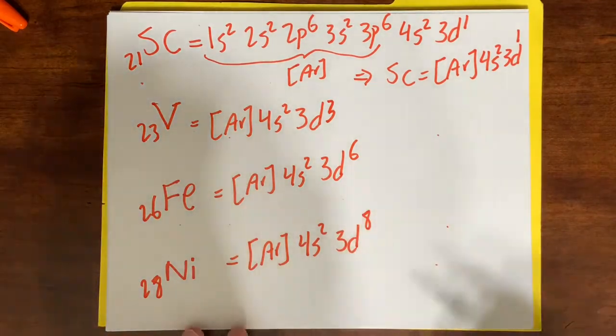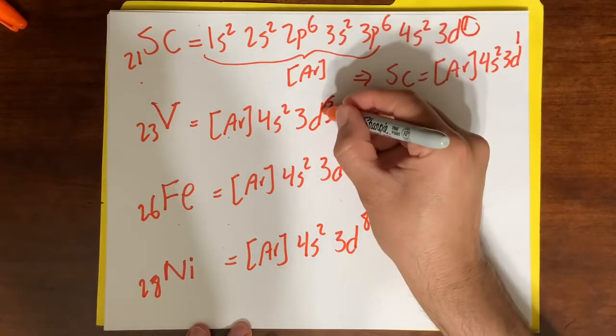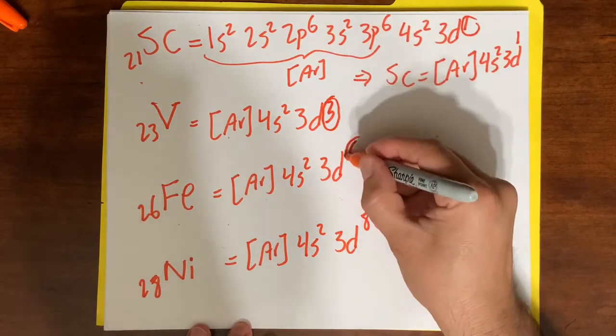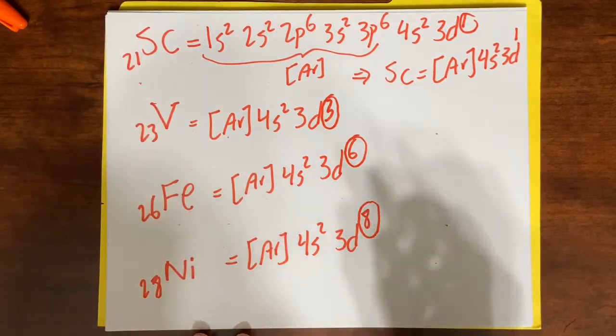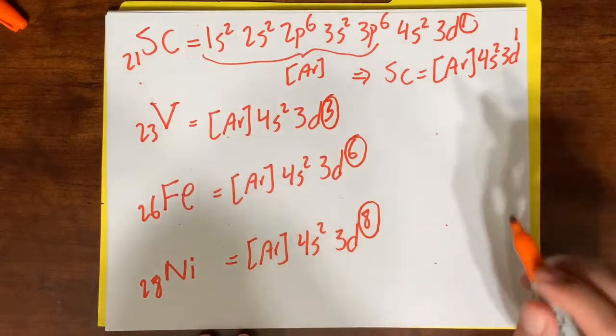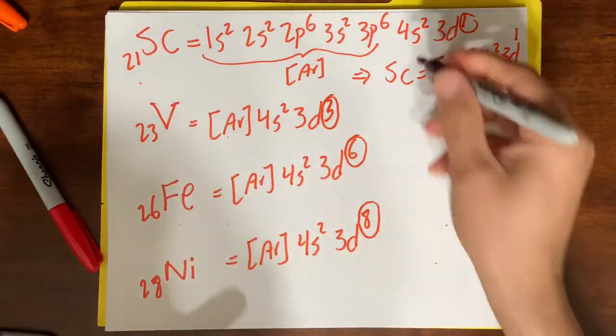I want you to be sensitive to the last electron. The last electron is going to the d orbital. Check the number that's written in front of the d orbital. That number is a 3, not 4.